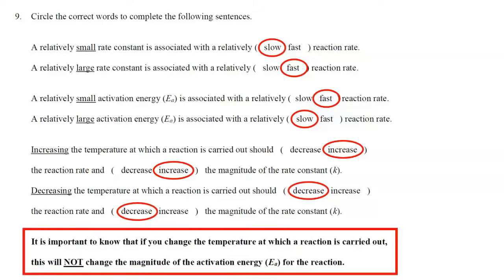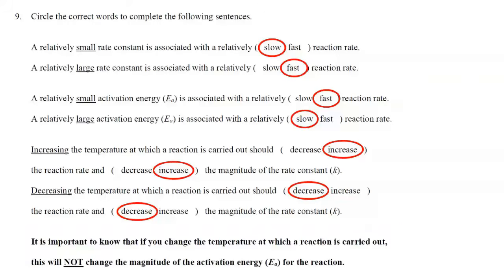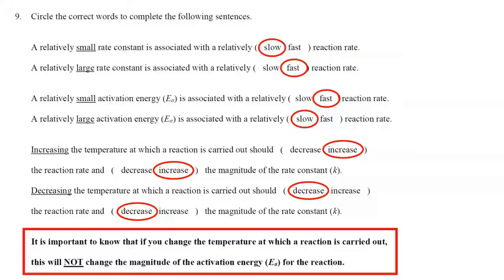Now, it's very important to know that if you change the temperature at which a reaction is carried out, this will not, repeat, will not change the magnitude of the activation energy. So don't think that because you run the reaction at a higher temperature that you are lowering or changing in any way the activation energy.